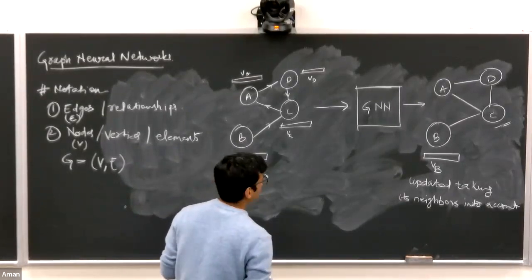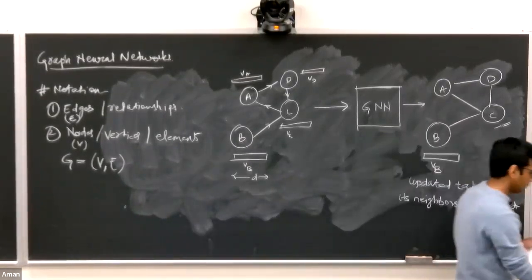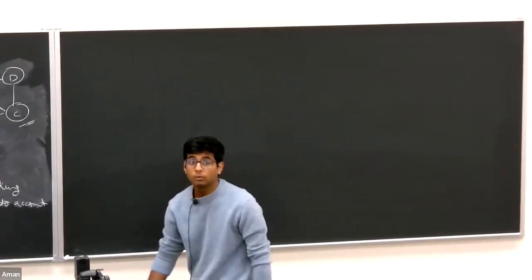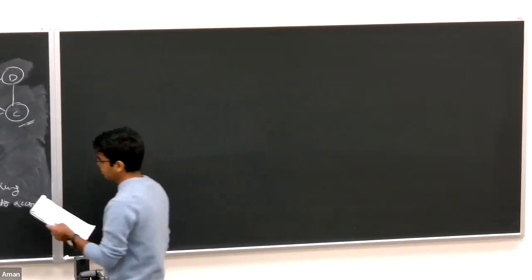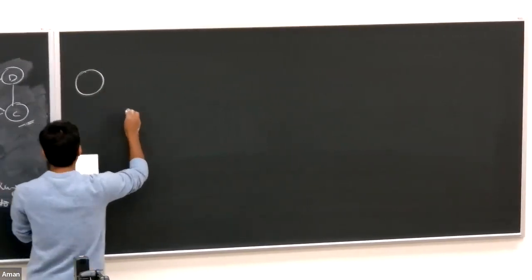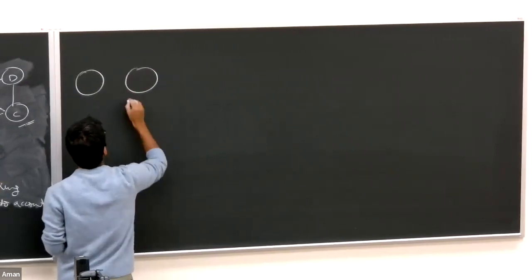So how does this update happen? Let's look at the neural message passing that happens in a graph neural network. Let's say it's a simple graph with just 3 nodes.